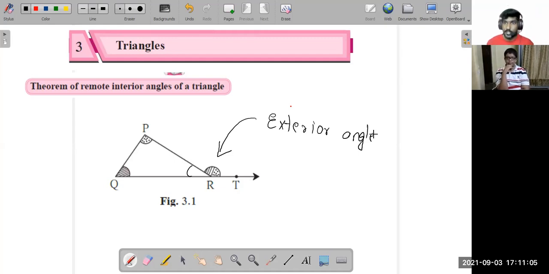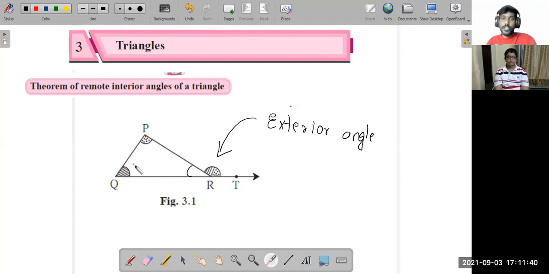Why is it called exterior? Since it is outside the triangle, we call it an exterior angle. But although it is outside, it is very much part of this triangle PQR. Now, what does this theorem say? Suppose this is the exterior angle. The remote interior angles are these two.